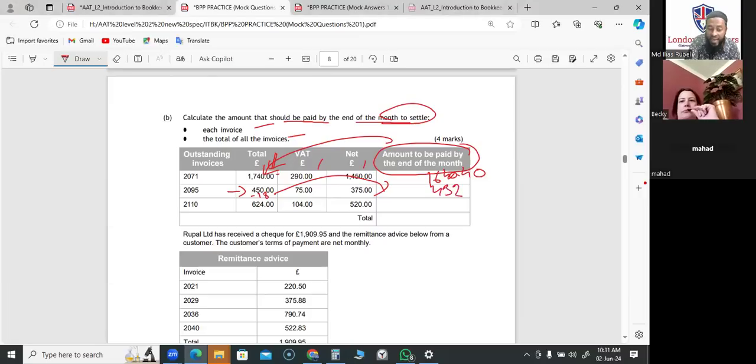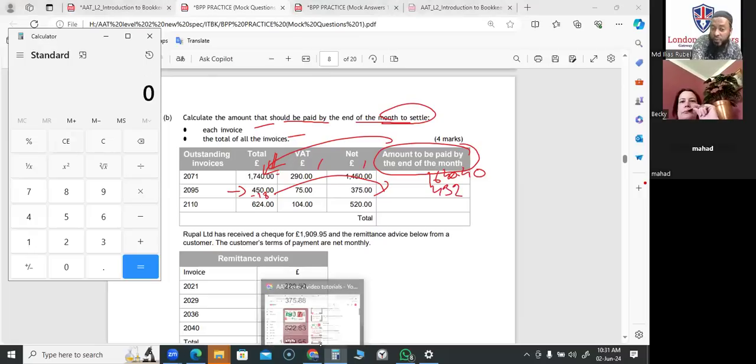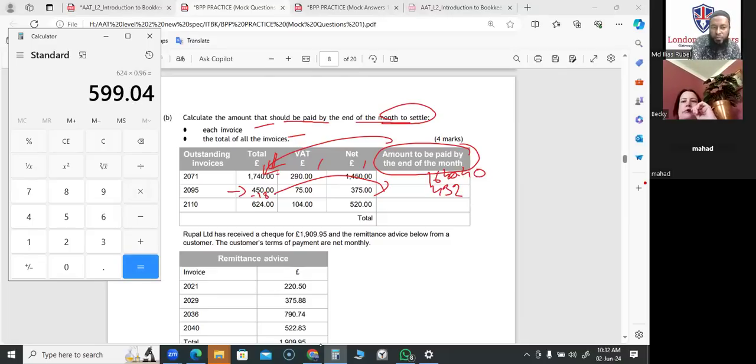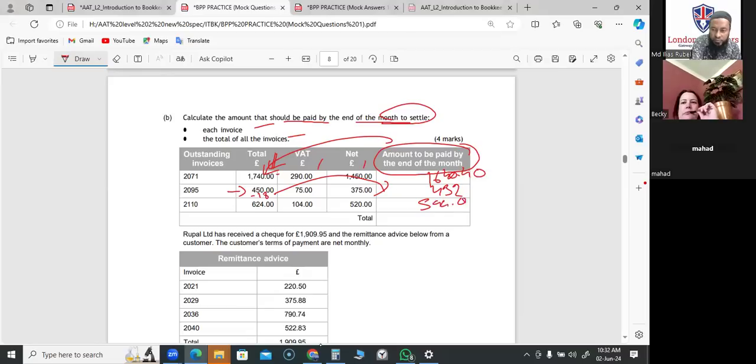This is the way. And the first one I did, 624 times 0.96, 96% basically, gives 599.04. And whatever is the addition, you write it down, you get the answer. That's the total. That's how you do it. That's the 4% discount only.